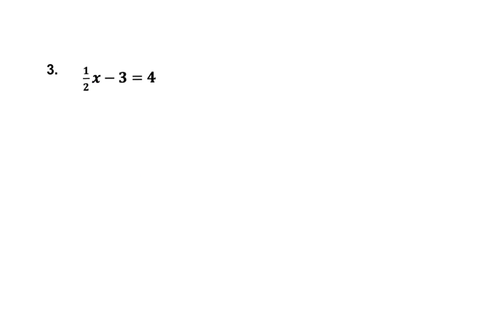All right, number 3, I have 1/2 x minus 3 is equal to 4. And now again, I have minus 3, so I'm going to add the 3. All right, and so now I've got the 1/2 x.